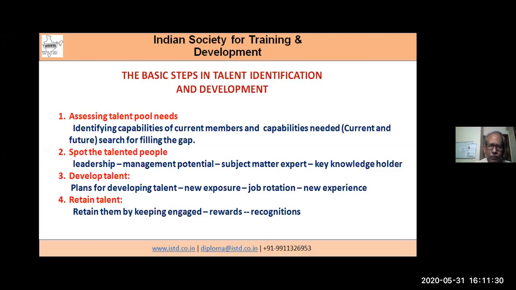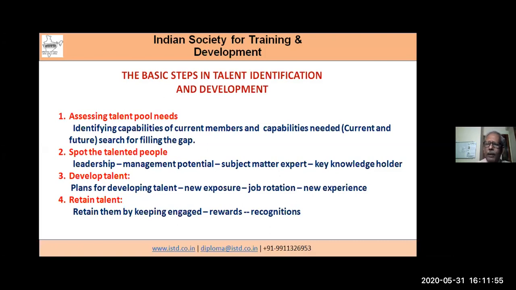The requirement has to be found out by seeing two things: what is the capability of the existing people, and what is the expected capability of the people. And if there is a gap between the expected performance, expected potential, expected capability, and the existing capability, then there is a need for creating further talent pool, either by hiring or by developing people.